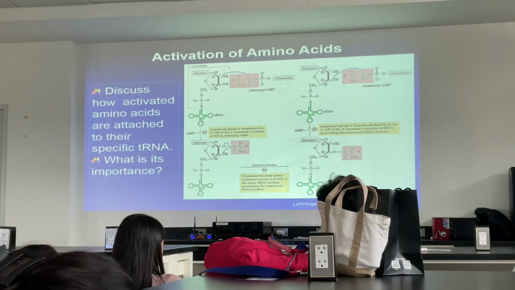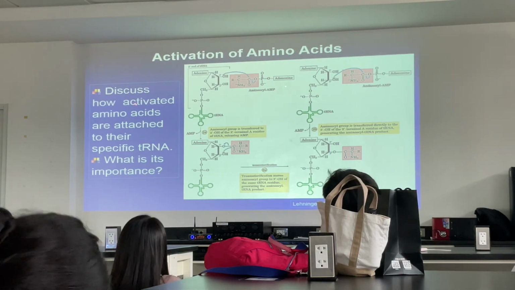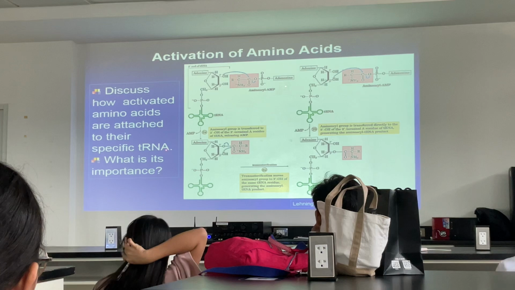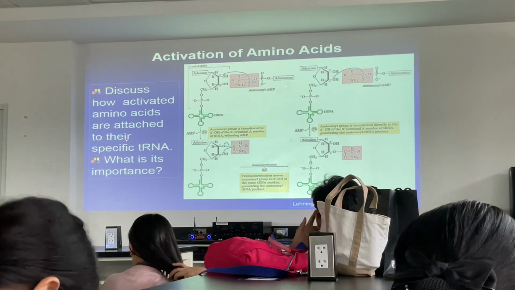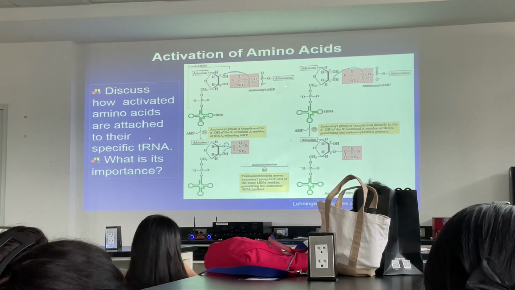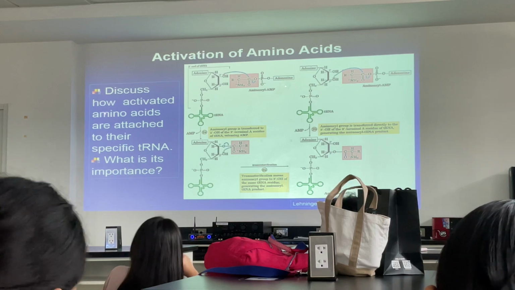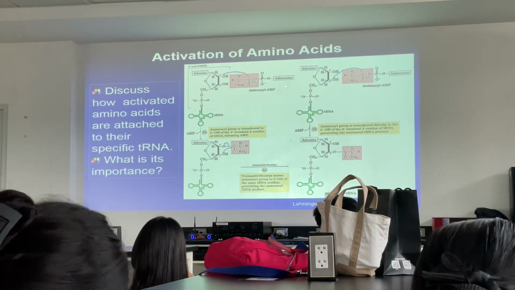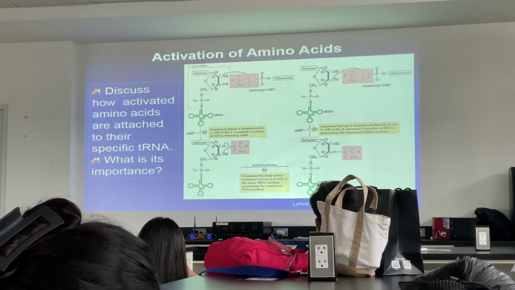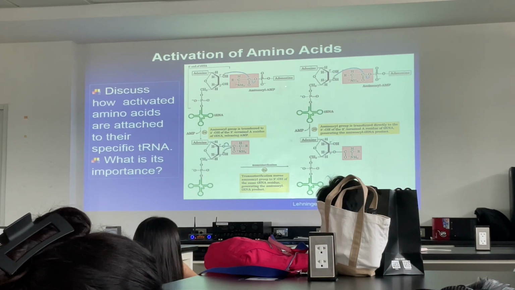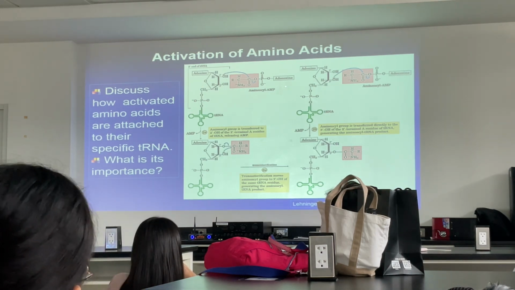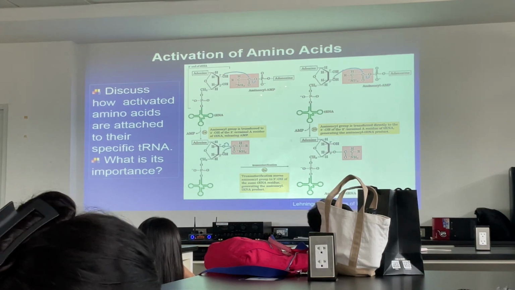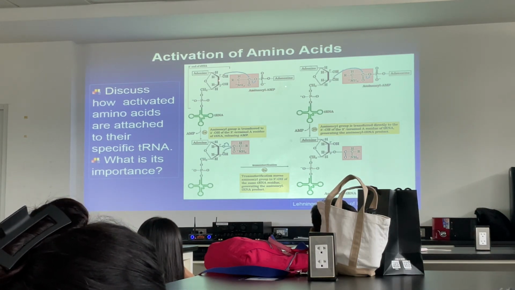Next, the activated amino acids will now be attached to their specific tRNA. So how are amino acids attached to their specific tRNA? So this is now your amino acid.